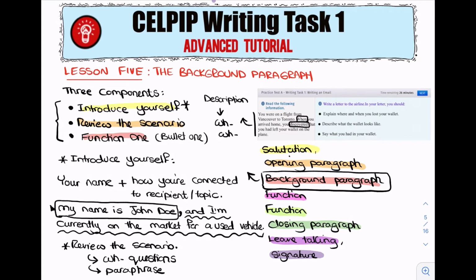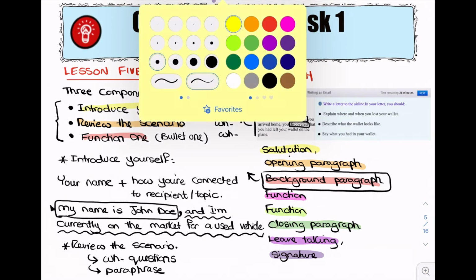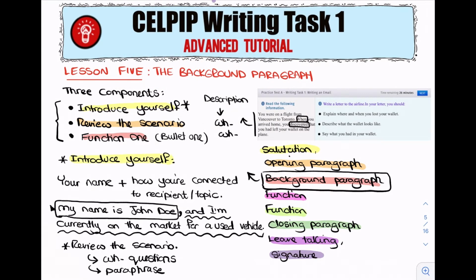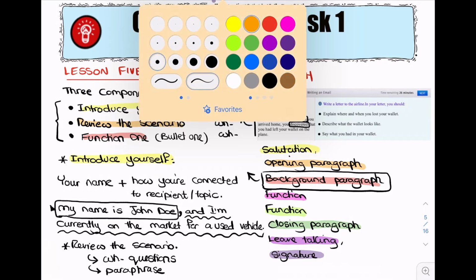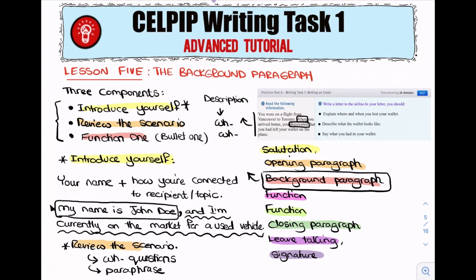Okay, so far we have covered the introduction part. We have covered the part where we review the scenario, and we're now going to look at the third component of the background paragraph, which is the first function. If you remember, in the question we had 3 bullets and we called these functions.